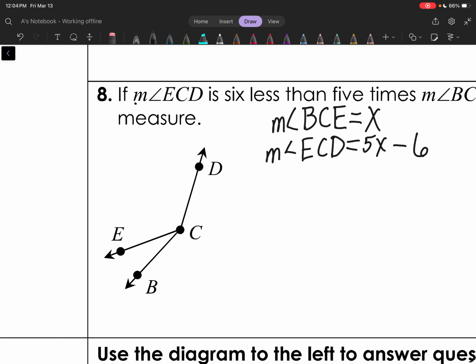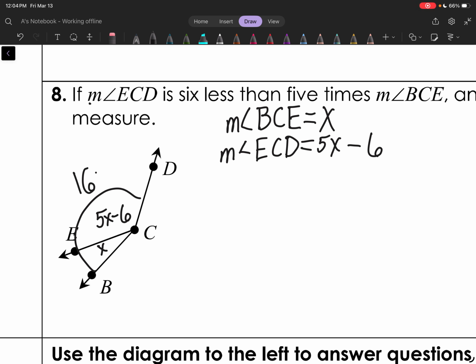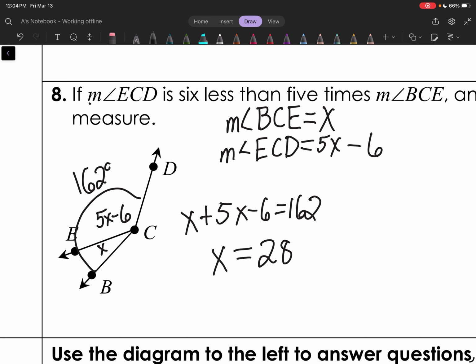So BCE is X. ECD is 5X minus 6. And the entire thing is 162? Yeah. Alright, X plus 5X minus 6 equals 162. As per usual, you can use Desmos if you so choose, but X is equal to 28, however you want to solve it.